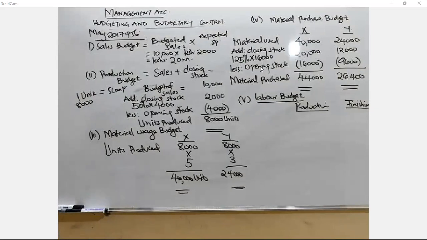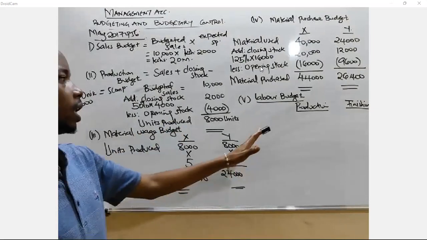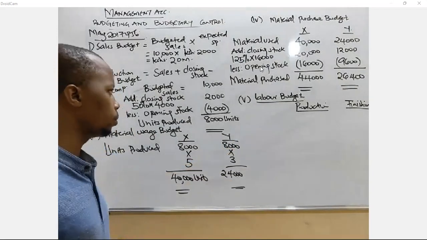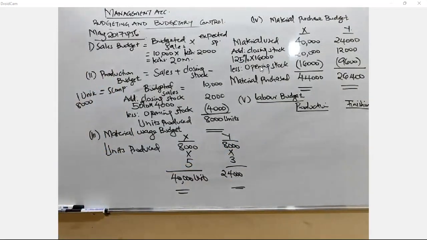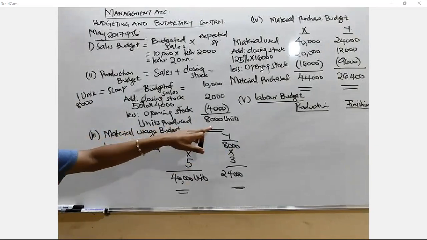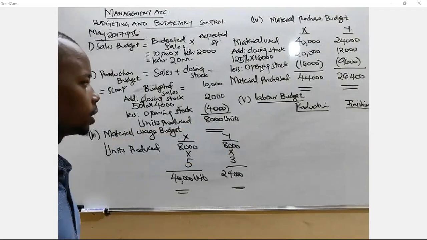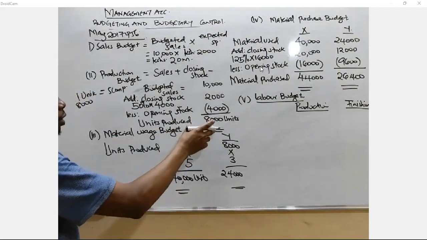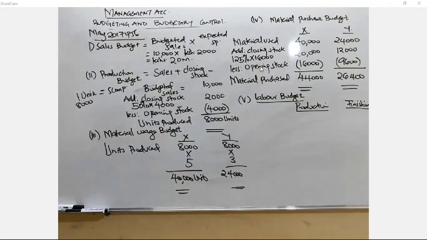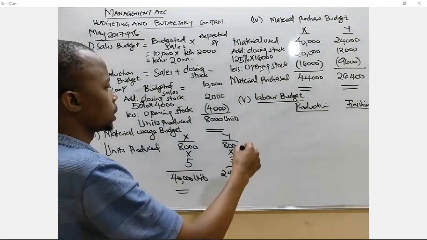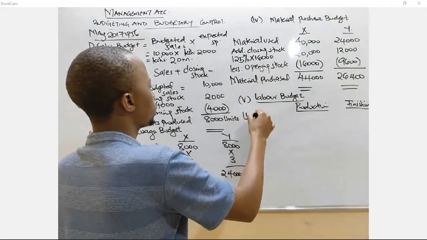Now, I was just explaining the aspect of the labor budget. When you are dealing with the labor budget, let us look at the units which we produced. The units produced in this case is 8,000, right? So these 8,000 have to pass through the production and the finishing departments. So here I just need to take the units produced.